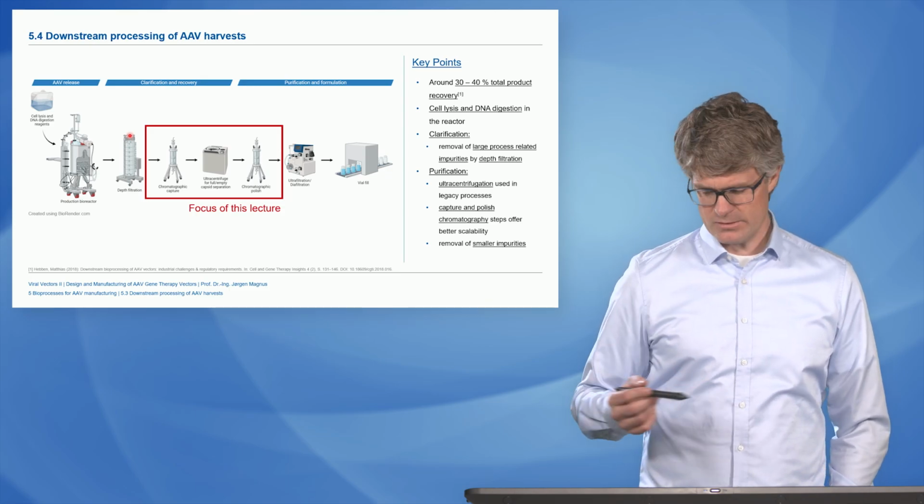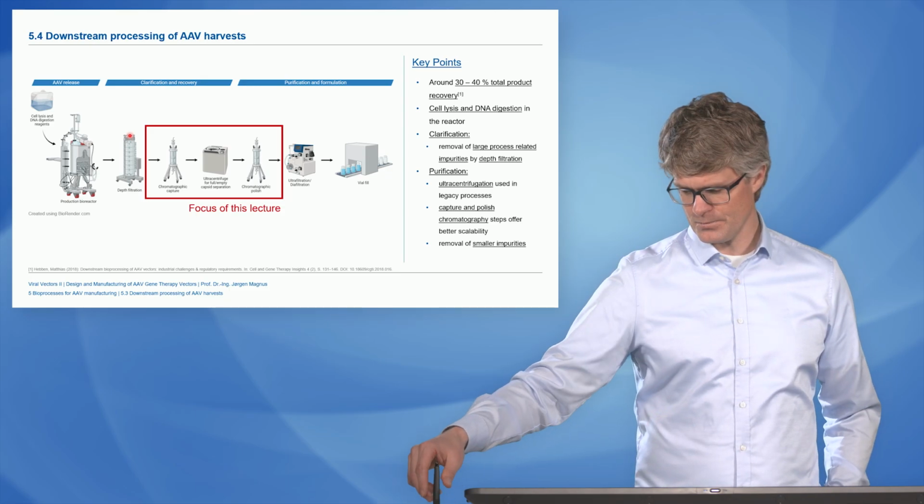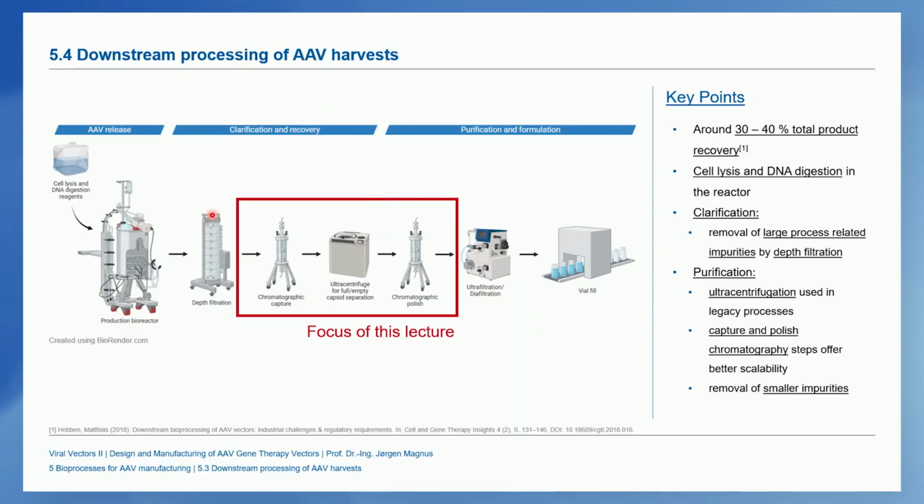But then the most interesting separation steps here are the chromatography steps, where you first do capture chromatography. In that case, you will retain the AAV particles and essentially let everything else flow through. And by that, you can actually get rid of 99% of your impurities already in one step.